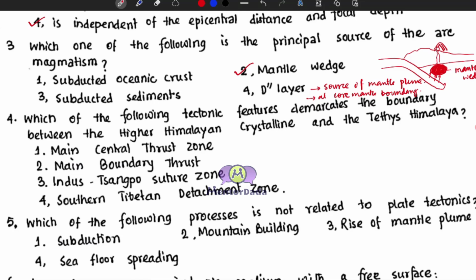So first of all, try to understand or try to remember each of the thrust zones in the Himalayan region from south to north.